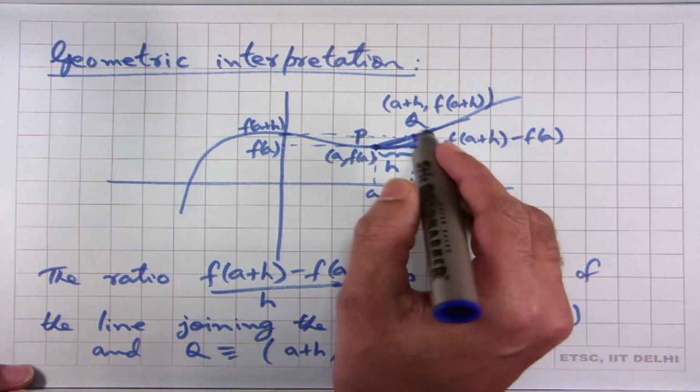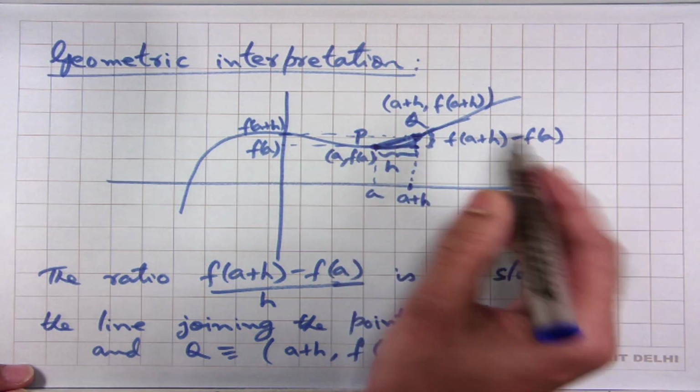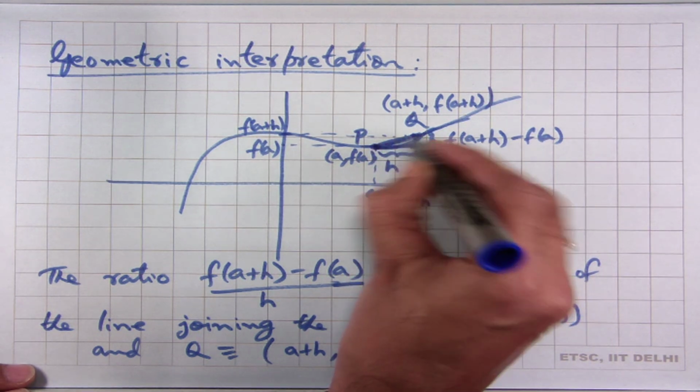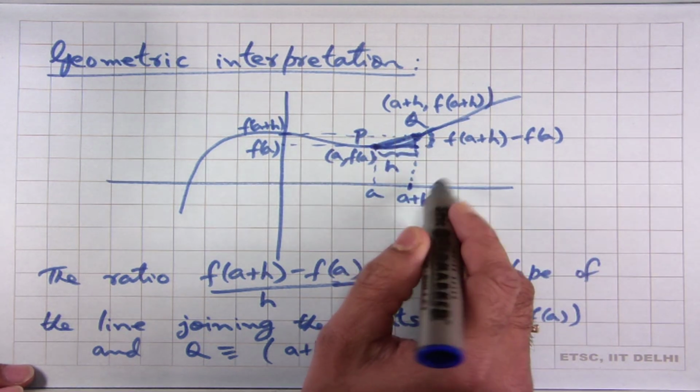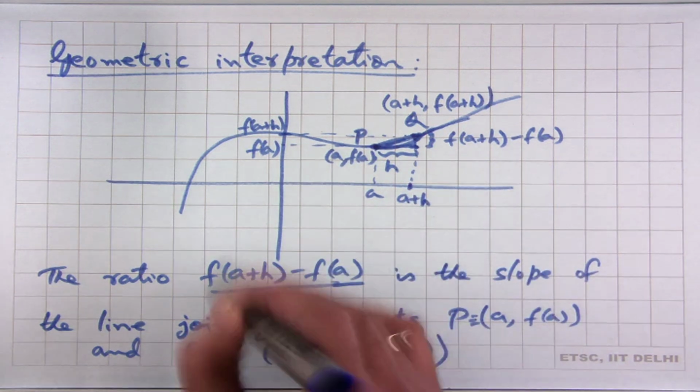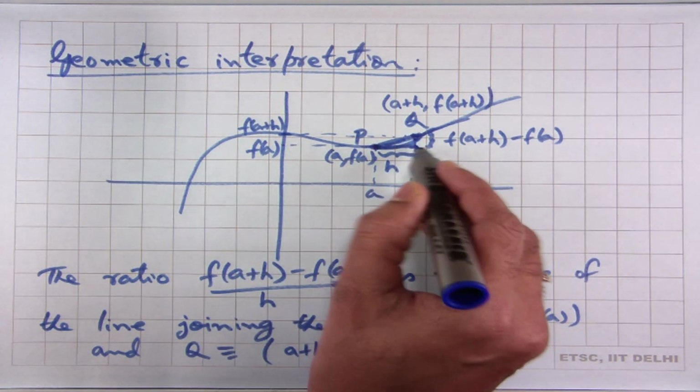Now, what happens as h approaches 0? We have to ask whether the limit of this ratio as h approaches 0 exists or not.